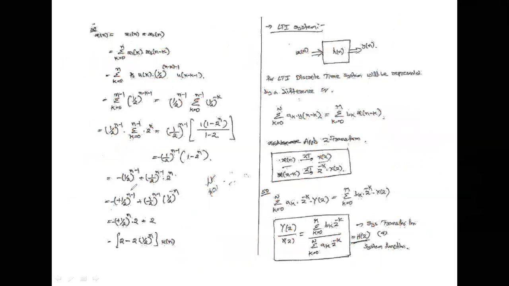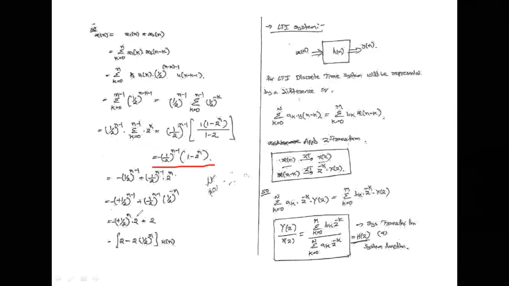So now if I am taking power n minus 1, take this minus, you can multiply 2 power n minus 1. What is the final answer? We got 1 by 2 whole power n minus 1, 1 minus 2 power n.